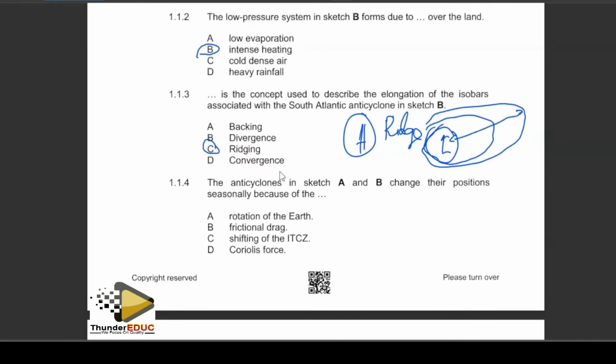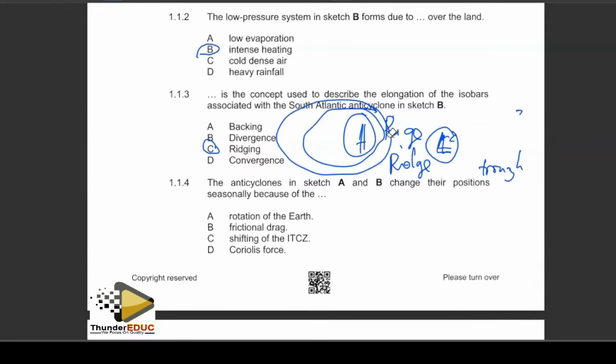They are further spaced away from each other, and there is a low pressure cell here. This will be a trough. But in this instance, we are having a ridge because it's a high pressure cell giving us a ridge. So basically, that's the difference between those two concepts of a ridge and the concept of a trough.